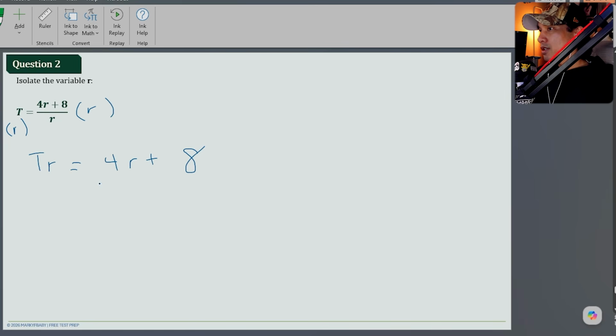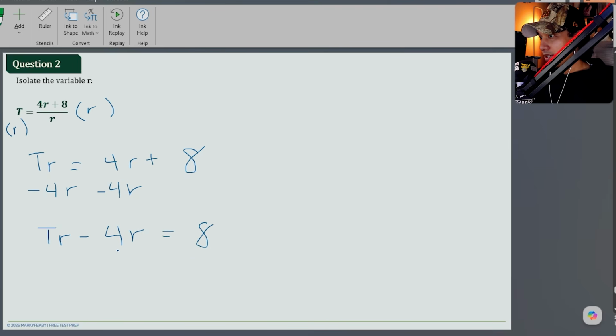Now what I want to do is get the R's together. Okay? So what I'm going to do first is minus 4R, minus 4R. And then what I'm left with is TR minus 4R equals 8.